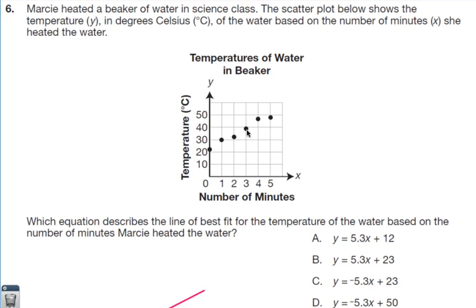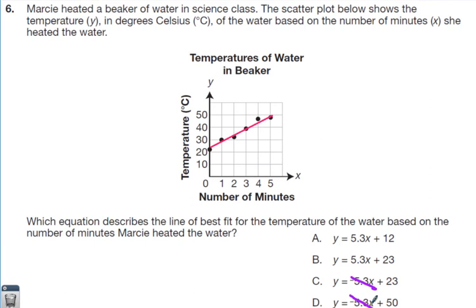Obviously, the slope of this line of best fit is going to be positive, because it's going to be a positive rise and a positive run at the same time. And we're going uphill. Maybe you just realize that any quote-unquote uphill line is a positive slope. And so it's not going to be one of those.